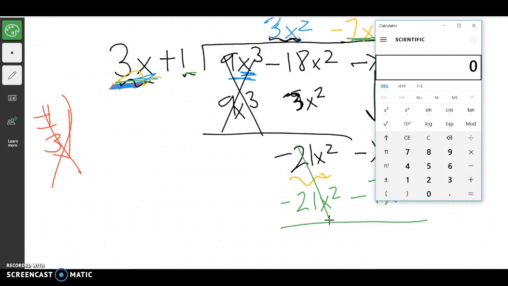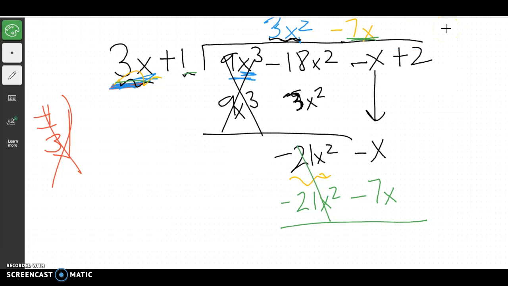Then we have to do negative 1 minus a negative 7, which would give me a positive 6. Now we have to think about how many times the 3x will go into the 6x. Well, that would be 2 times.